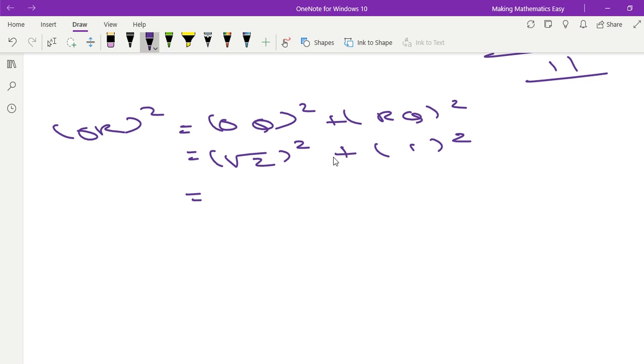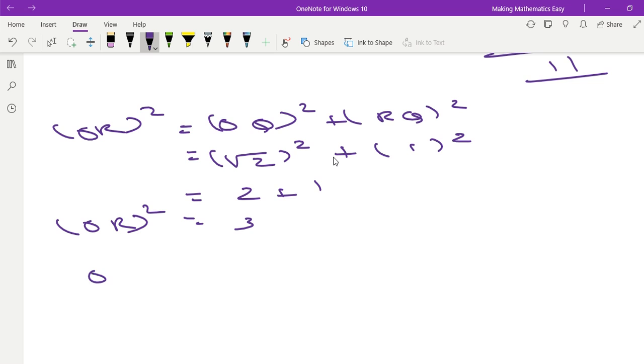Root 2 into root 2 is always 2. So this is 2. 1 into 1 is 1. So this is 3. So OR square is 3.